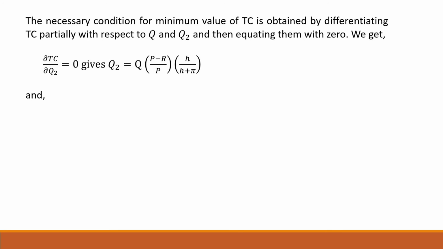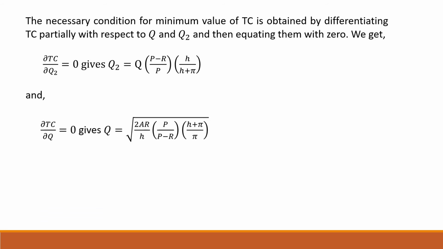When partial derivative of total cost with respect to Q2 is equated to 0, we get Q2 is equal to Q into (P minus R) by P into H upon (H plus pi), and partial derivative of total cost with respect to Q equal to 0 gives Q is equal to square root of 2AR upon H into P upon (P minus R) into (H plus pi) upon pi.